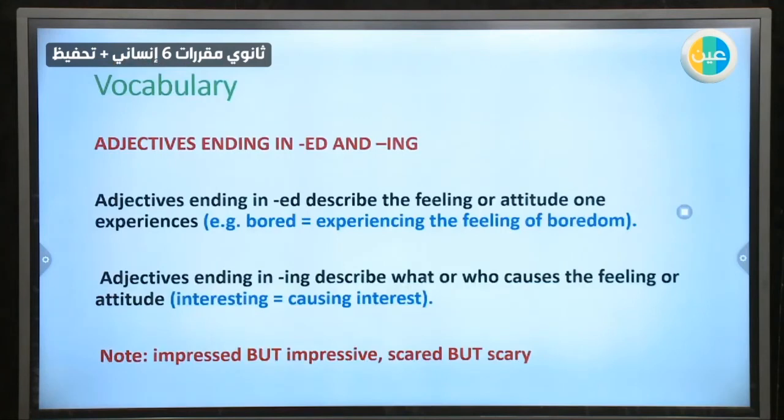Okay, in the vocabulary section, you have already gone through the confused words and adjective endings. Here you have two kinds of adjectives, ending in ing and ed, and they are so easy. Just to refresh your memory, adjectives ending in ed describe the feeling or attitude one experiences, like bored.